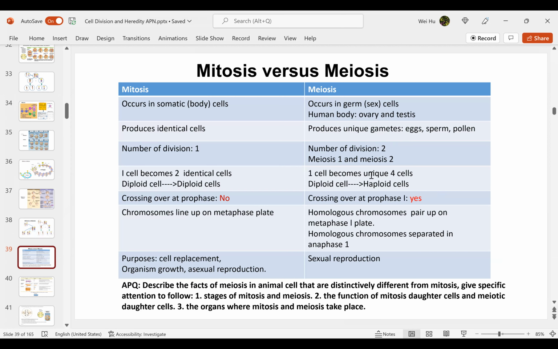You're making 4 unique cells. The cells are haploid, only half the amount of chromosomes. Crossover occurs, and also homologous chromosomes are separated in anaphase 1, and they recombine. So that's why you're making 4 different cells.